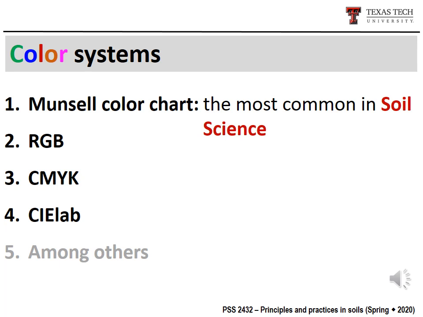All right, but basically we have these four color systems: Munsell, RGB, CMYK, and CIELAB. Okay, let me show you these color systems now.